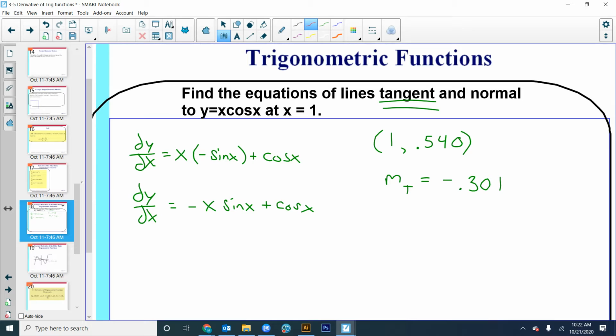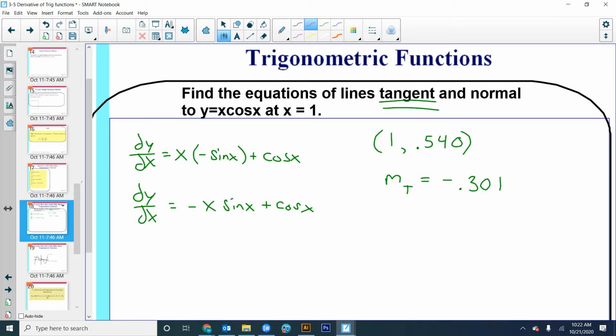And 0.301, I don't know if it's going towards 0, but at least it's close to 0, right? It's a slope that's negative but close to 0. So at that point, the function is relatively flat. Maybe flat is a bad explanation. The slope is close to horizontal at that point.